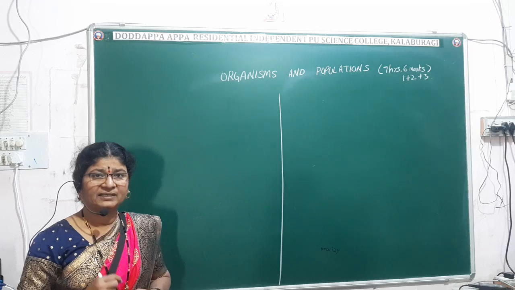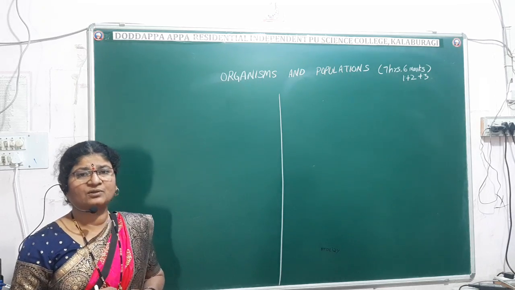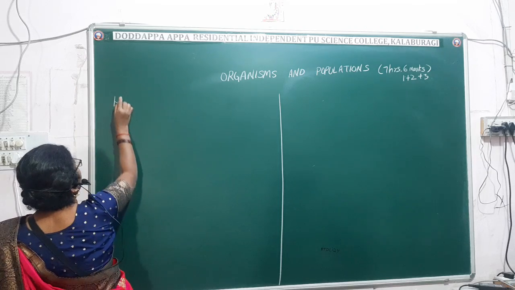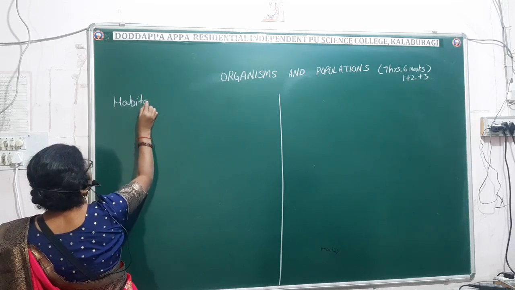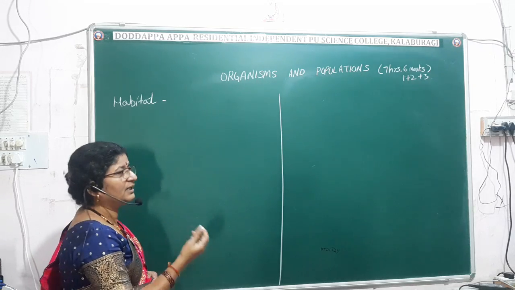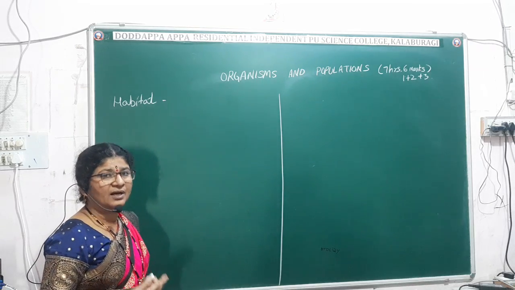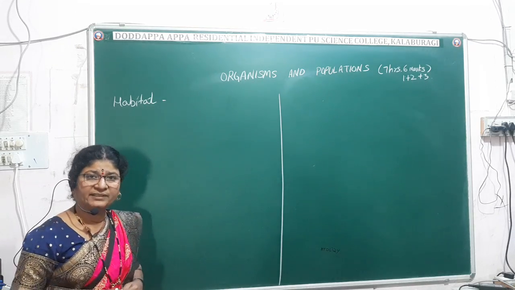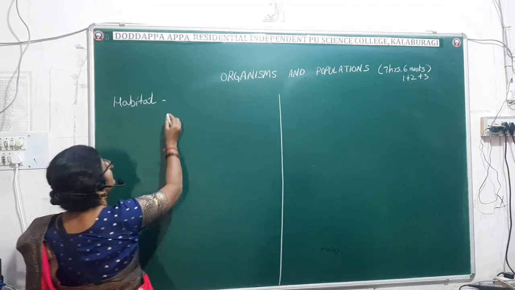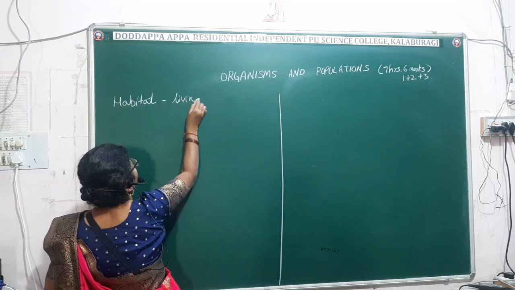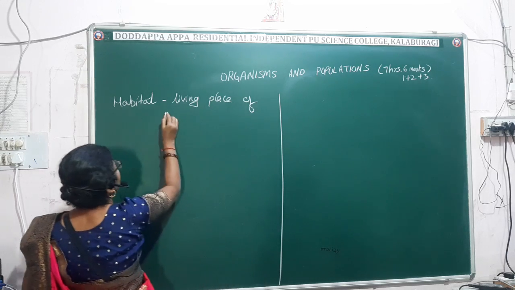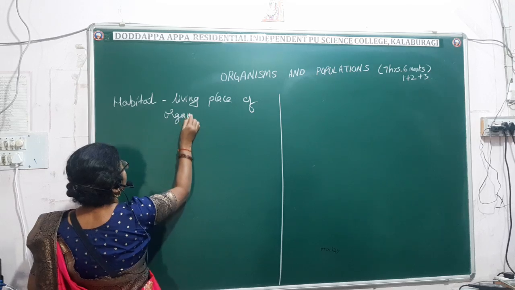The place where the organism lives is called habitat, its home. It is the living place of organisms. I already told you that organism is a common term. So the living place of an organism is called its habitat.